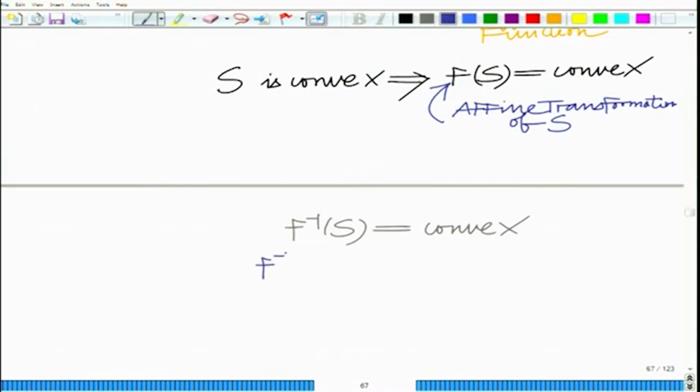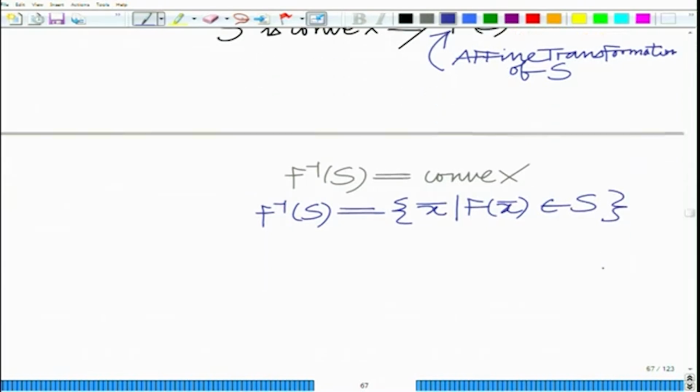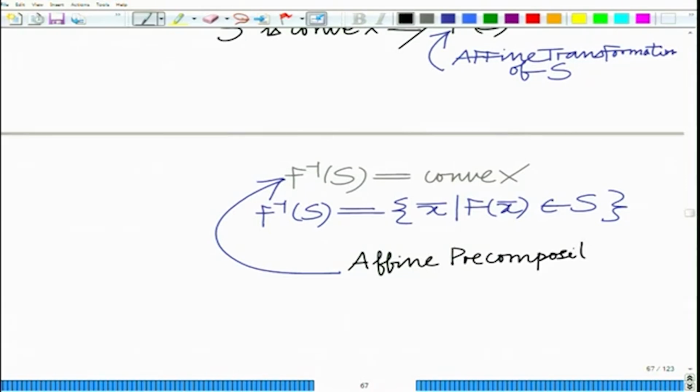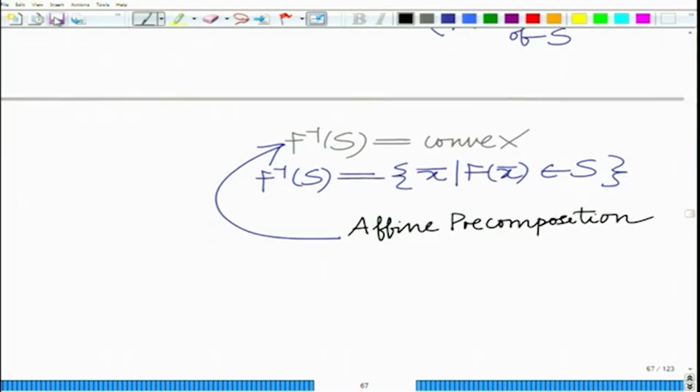F inverse of S, that is the inverse of the set under this affine precomposition, is the set of all vectors x bar such that f of x bar belongs to S. This is known as an affine precomposition. We have f of S, which is the affine composition, and f inverse of S is the affine precomposition.